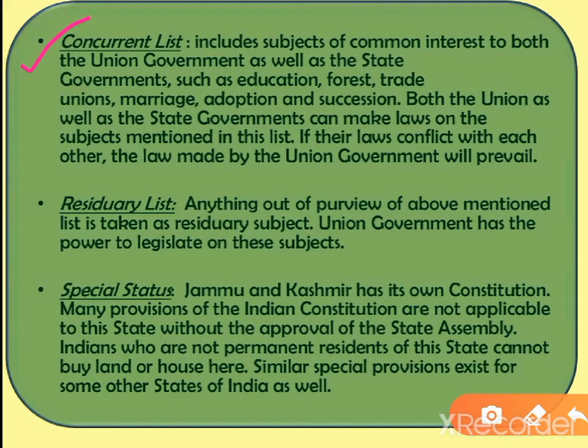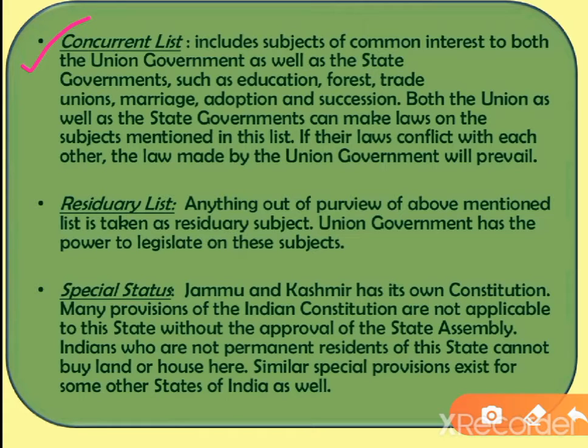The next one is the Concurrent List. It includes subjects of interest to both the central, or union, government as well as the state government. Examples are education, forest, trade unions, marriage, adoption, and succession.